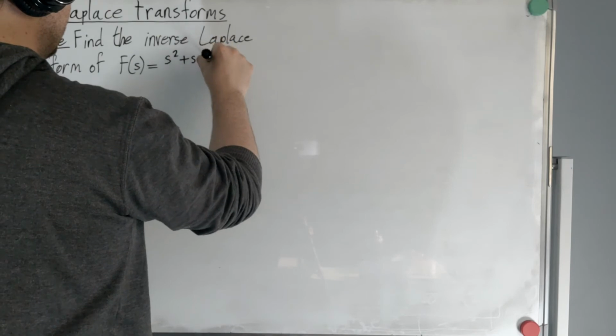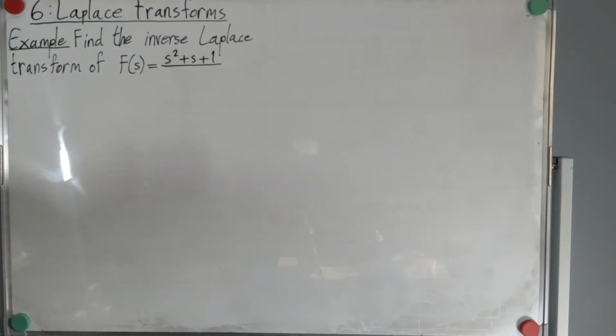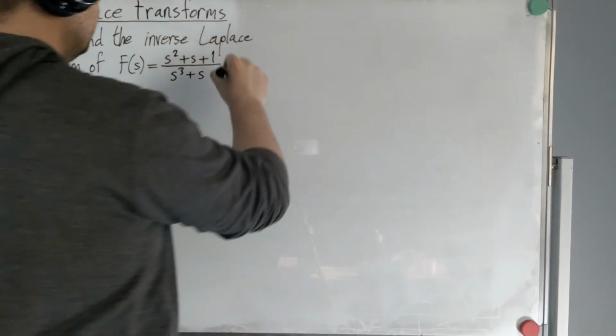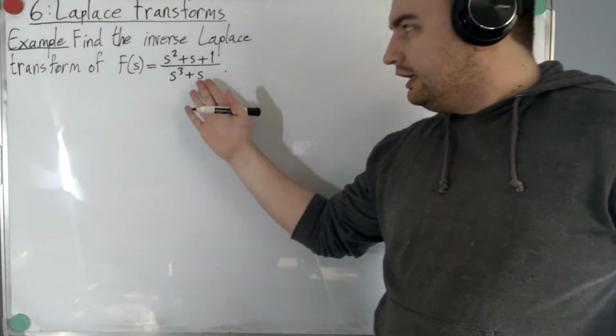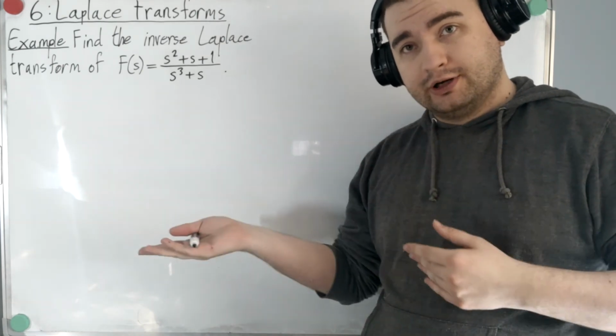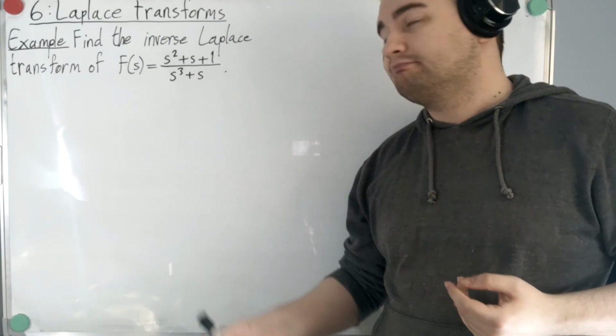There is one more example that we need to do before we end this lecture. So, s cubed plus s. You have this function here as the Laplace transform of some other function. We want to find out what that other function is.